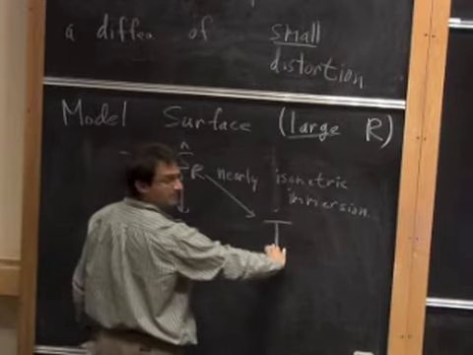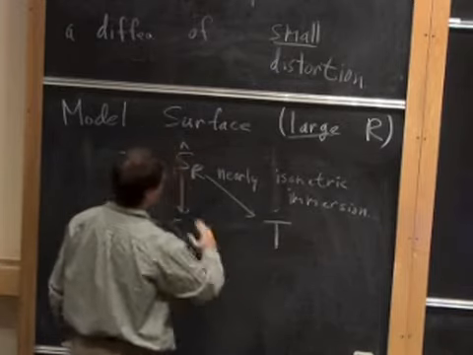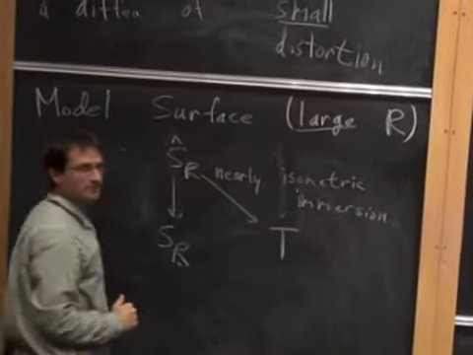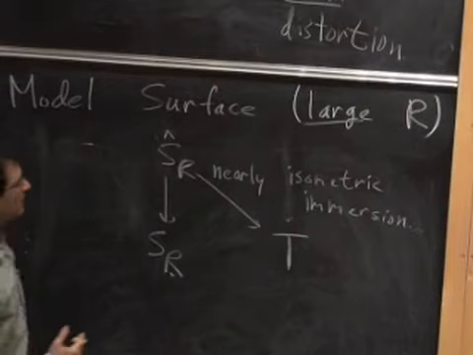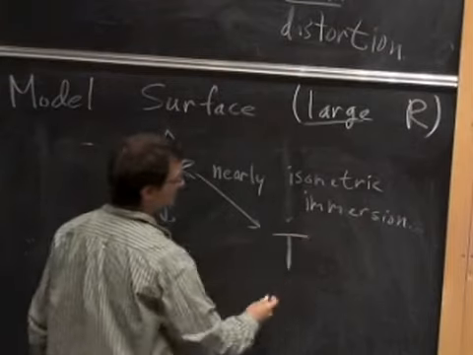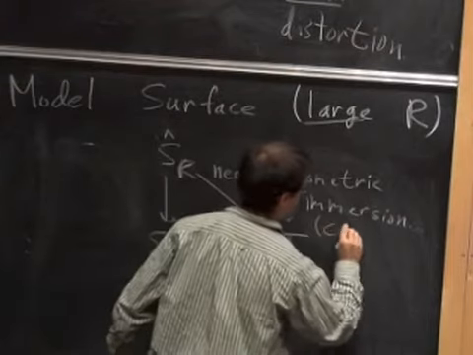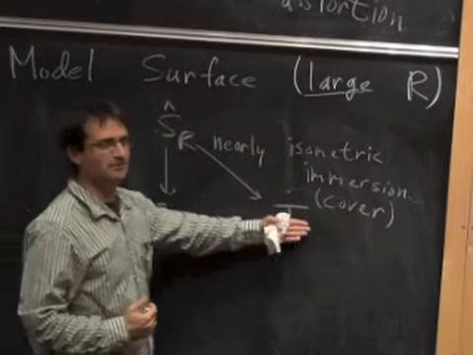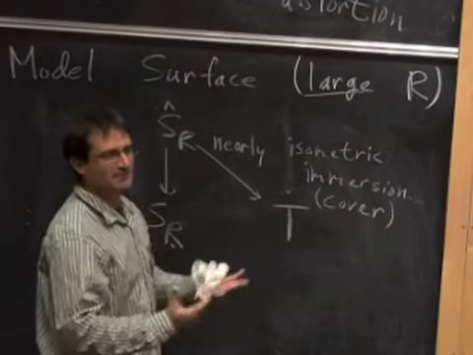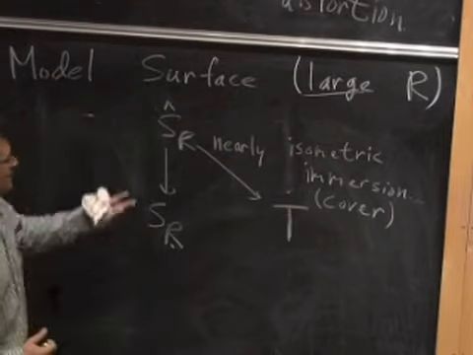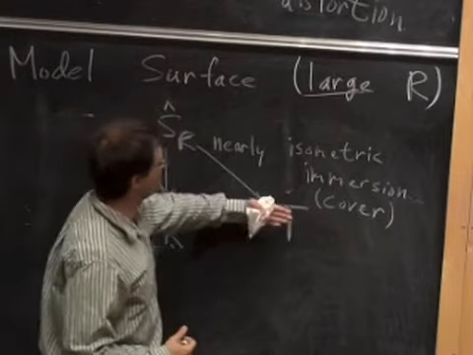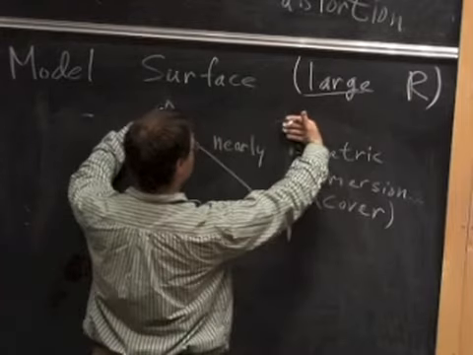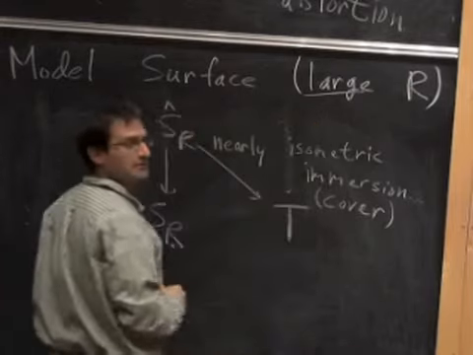I have my given Riemann surface. And then I have a nearly isometric immersion from this cover to my given surface. And the whole idea is that an isometric immersion from a closed two-manifold to a closed two-manifold is a covering map. So I'm going to have a covering map from here to here. And then from this nearly isometric covering map, I can form this T hat so that they're equivalent.